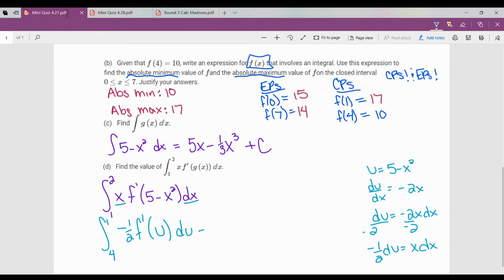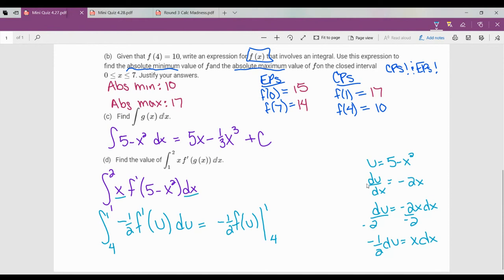So it equals antiderivative of f prime is f of u. And we have the negative 1/2 as a constant out in front. And then we evaluate that from 4 to 1. Just be careful with that upper bound. So it's going to be negative 1/2 f of 1 minus negative 1/2 f of 4. Minus a negative, plus positive.